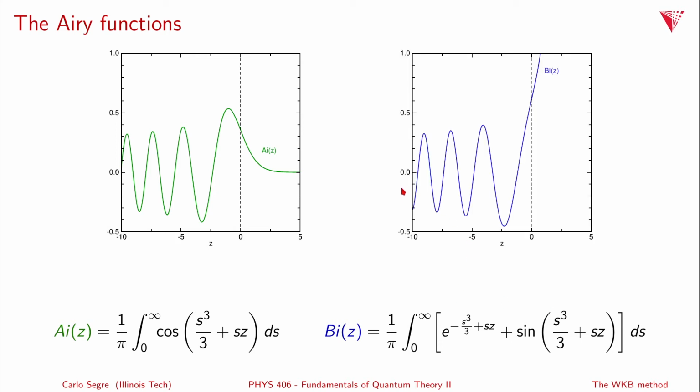This is still oscillatory in the classical region, but it grows exponentially in the non-classical region. So this is very similar to all the other functions we've seen before, where there's one function that drops down well-behaved to infinity, and the other function rises and blows up at infinity.